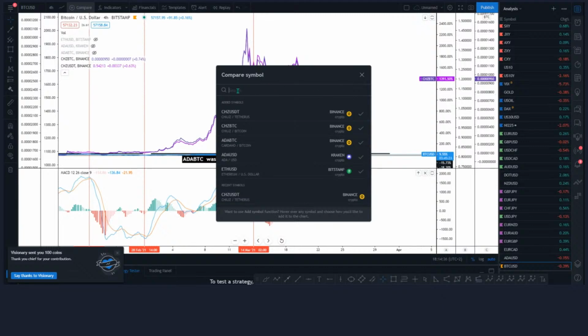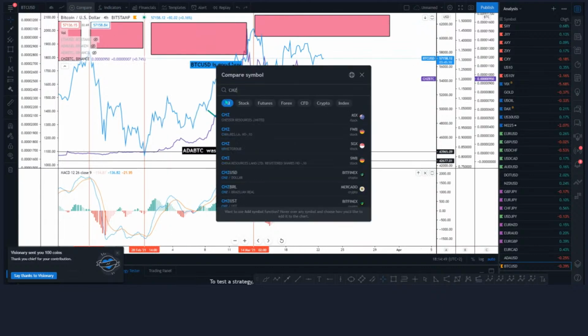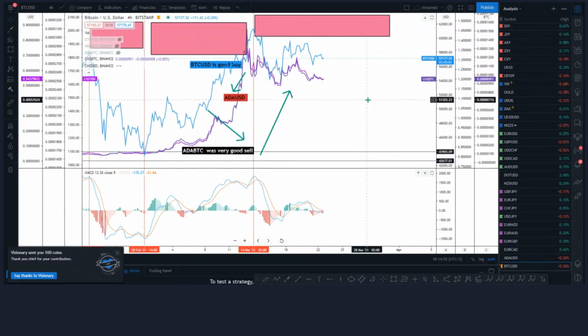Sorry. Control Z also works here. It takes you back, guys, to where you used to be. It's nice. So you compare also CHZ and USDT, the same thing.